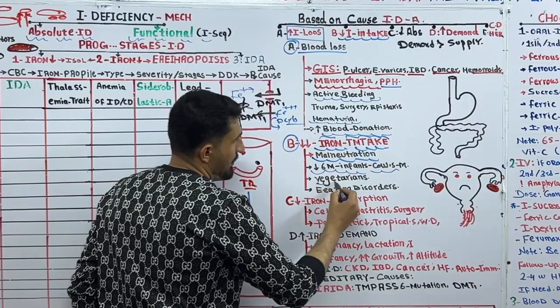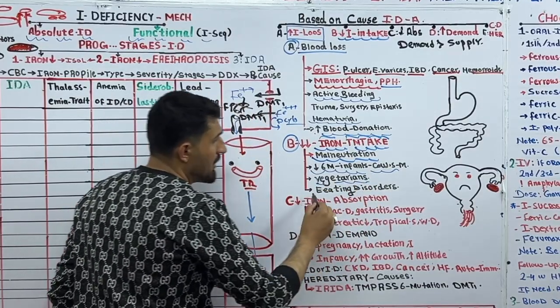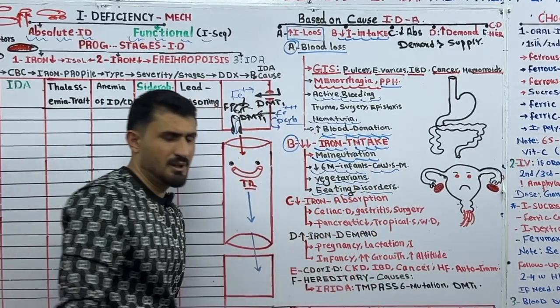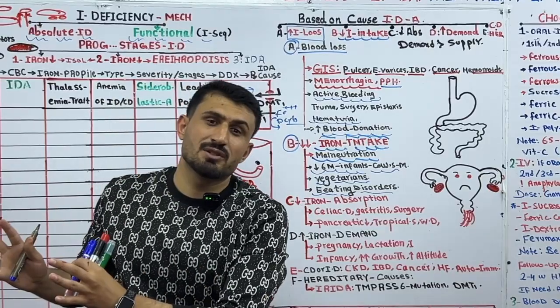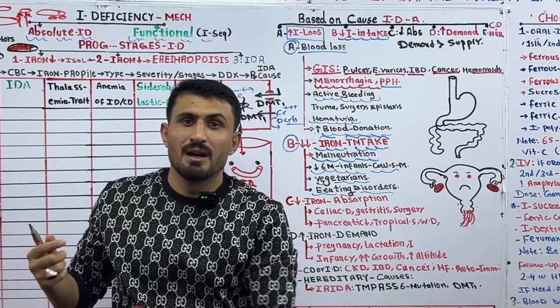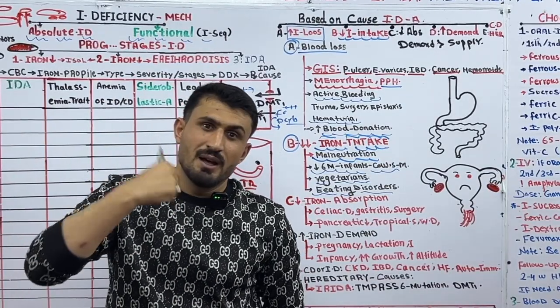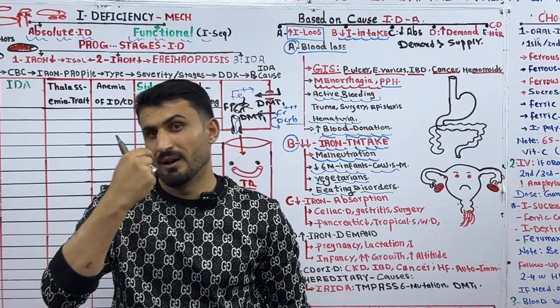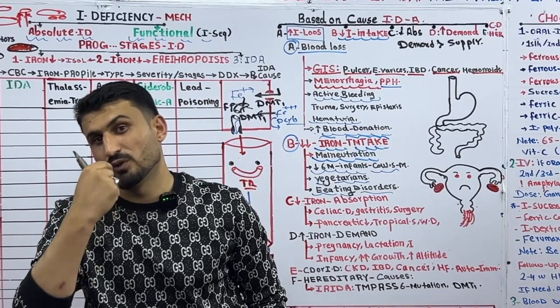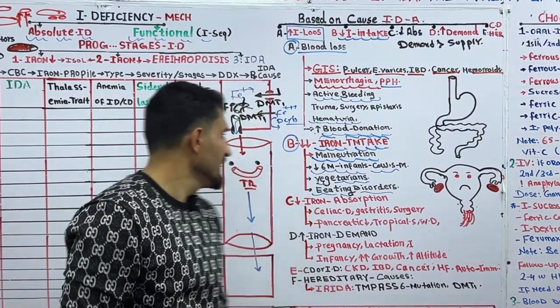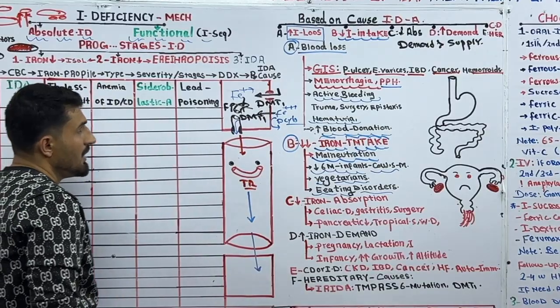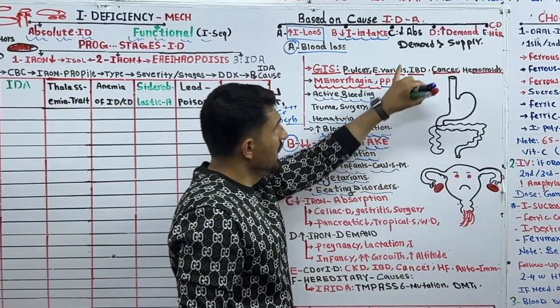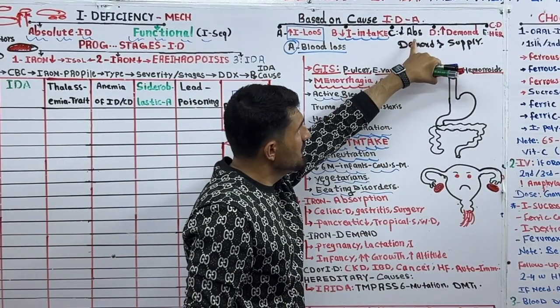About vegetarians, about eating disorders, some people have eating disorders. For example, in bulimia, they eat something and then they stimulate their laryngopharynx and vomit it. Got it?